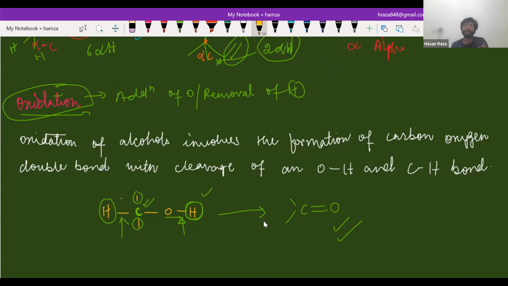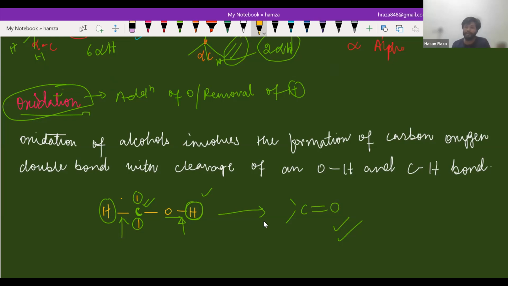But if you are going to take a very strong oxidizing agent, which will act as a reagent, what will happen? The alcohol will be directly oxidized into carboxylic acid. And if you are going to use a mild oxidizing agent, that will convert into either aldehyde or ketone, depending upon the type of alcohol.